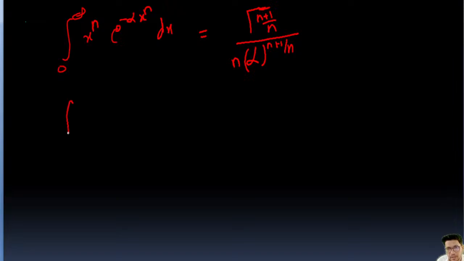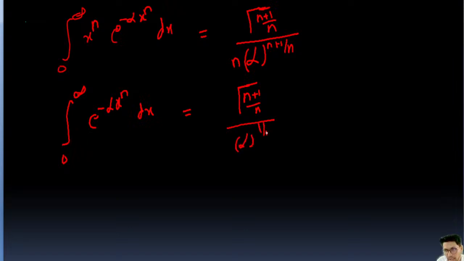Another formula is integration from 0 to infinity. You need to note down and memorize it, guys. Very important formula. This is e to the power minus alpha x to the power n dx, only this. In that case, it is going to be gamma of (n plus 1) by n upon alpha to the power 1 by n.